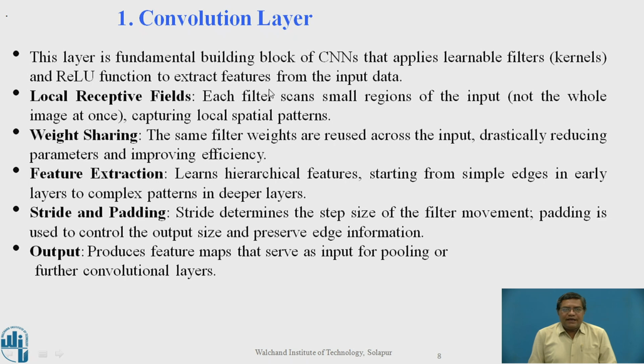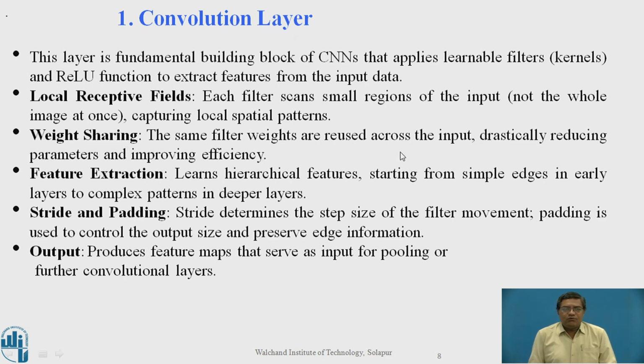The convolutional layer has the following characteristics, like local receptive field. It means each filter scans a small region of the input instead of scanning the whole image at once. So it captures local spatial patterns from the images through this filter. Weight sharing is possible. The same filter weights are reused across the input.